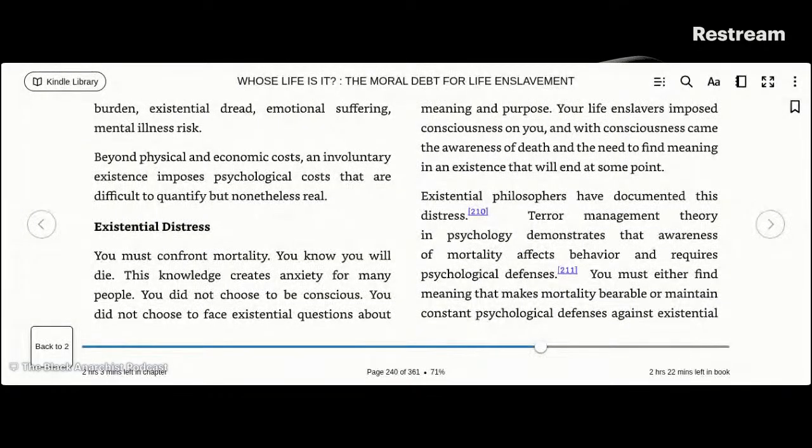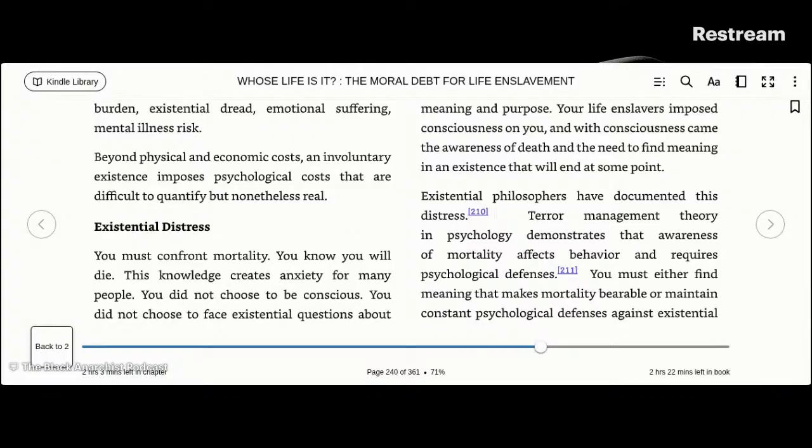Your life enslavers imposed consciousness on you, and with consciousness came the awareness of death and the need to find meaning in existence that will end at some point. Existential philosophers have documented this distress. Terror management theory in psychology demonstrates that awareness of mortality affects behavior and requires psychological defenses.